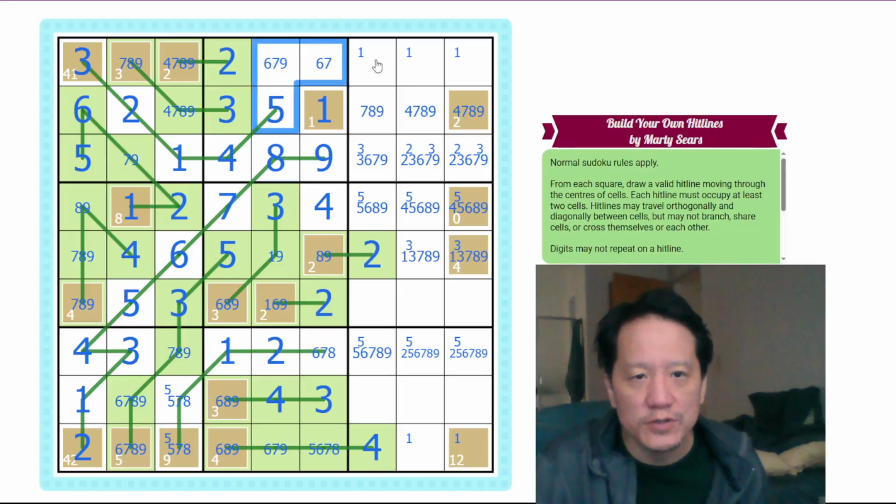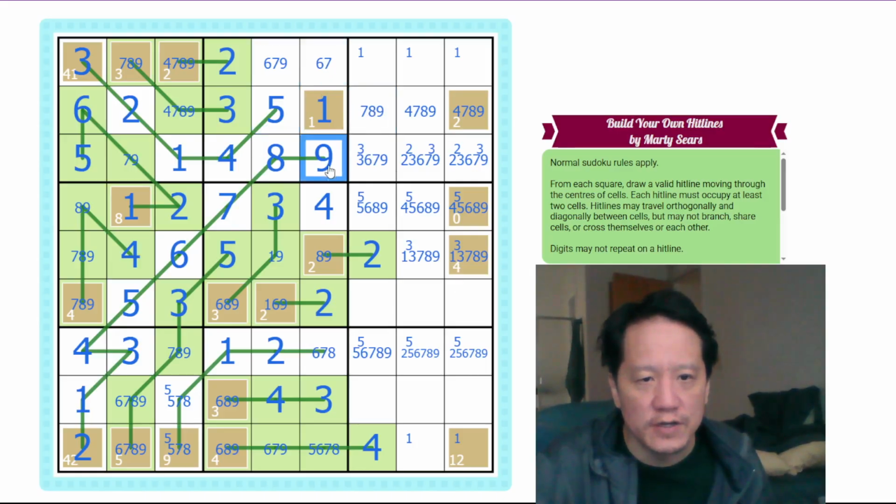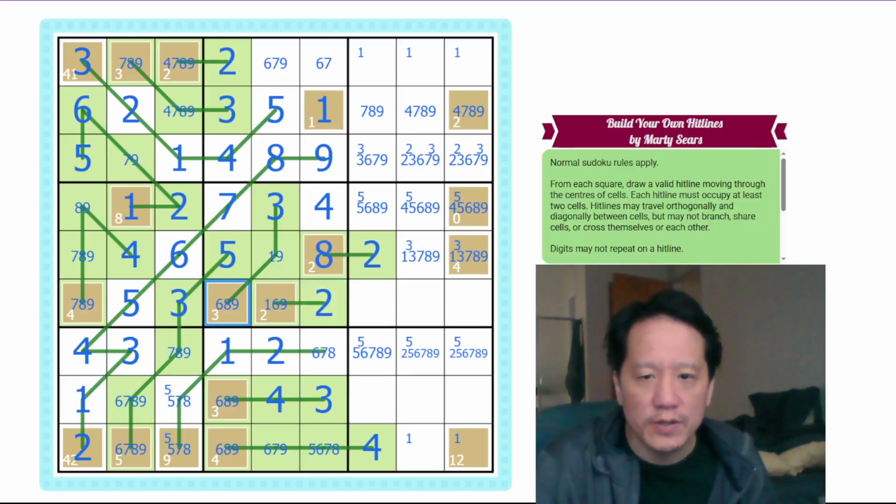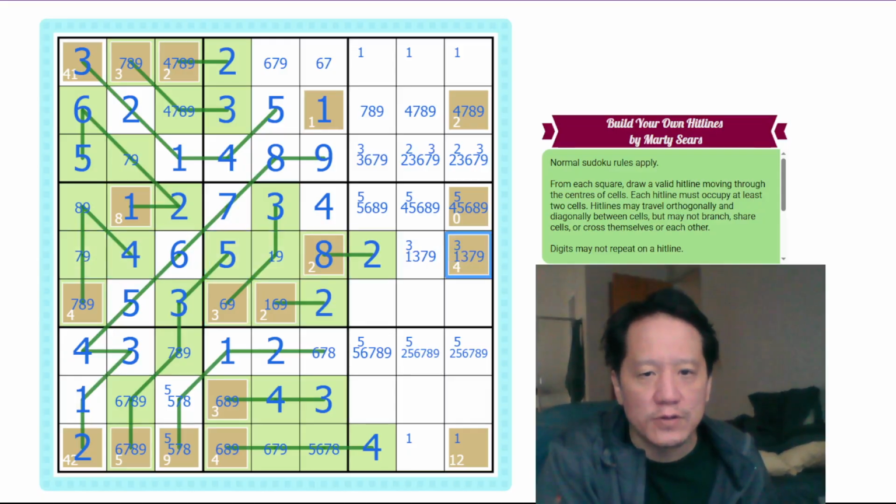So this must go this way. It must go through here, so 6 and 7 is fine. We have a 6. This 9 eliminates 9 here, so this is 8. Which means this can't be 8. These can't be 8. There's no 8 here or here.